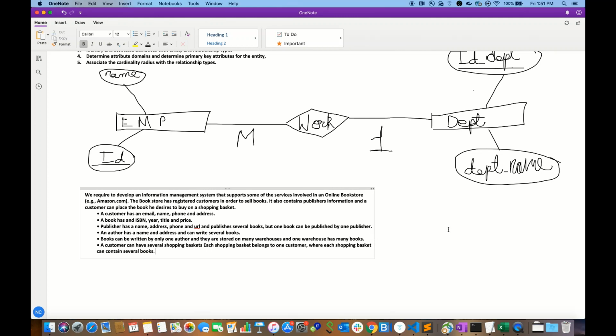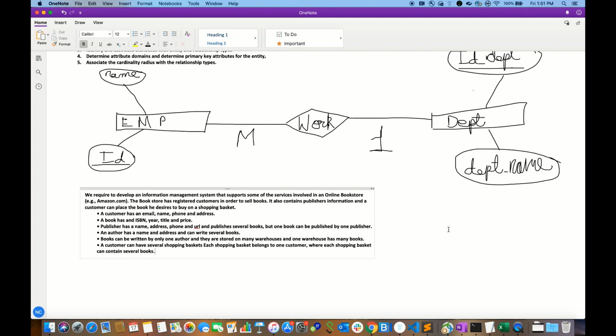So we are required to develop an information system that supports some of the services involved in an online bookstore, for example Amazon.com. The bookstore has registered customers in order to sell books. It also contains publishers' information, and the customer can place the books it desires to buy in a shopping basket.